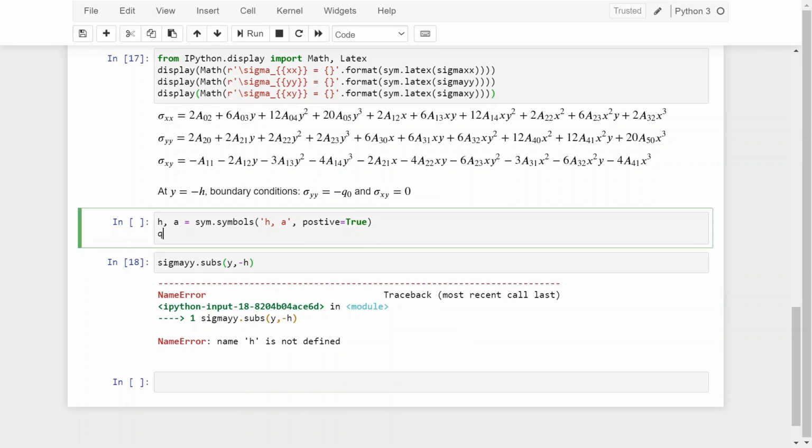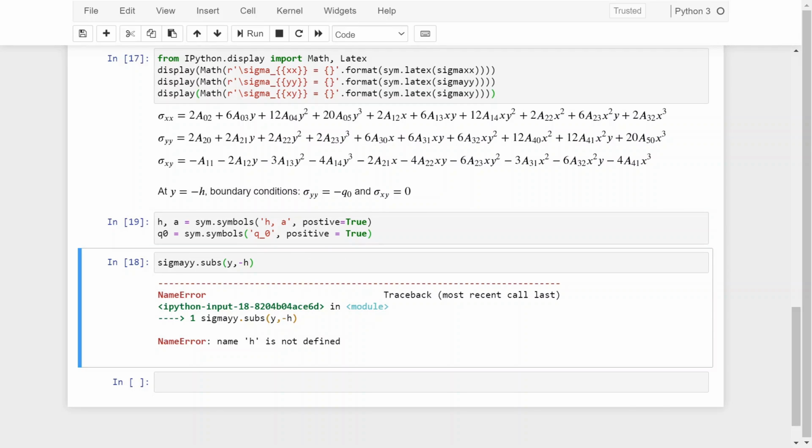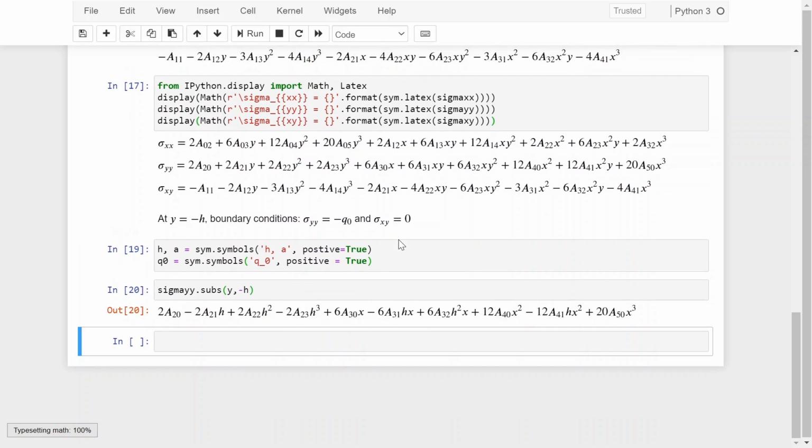Similarly, the q naught can be defined in this fashion, and that also can be set as positive equal to true. It is not necessary, but let's just do this. So I did a shift enter there, another shift enter, and now it understands what's going on.